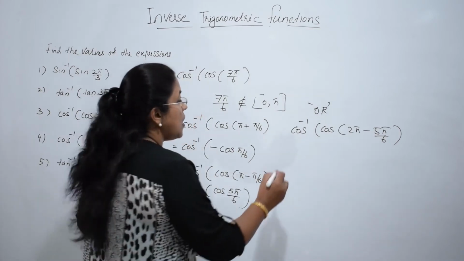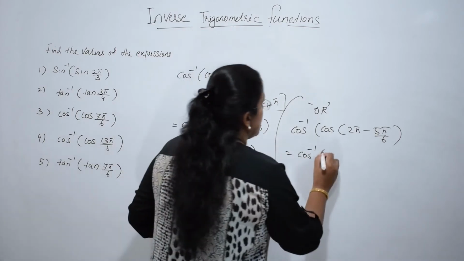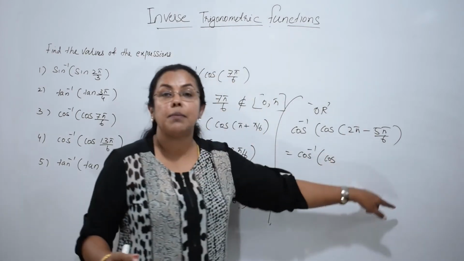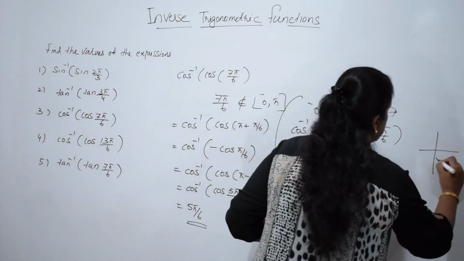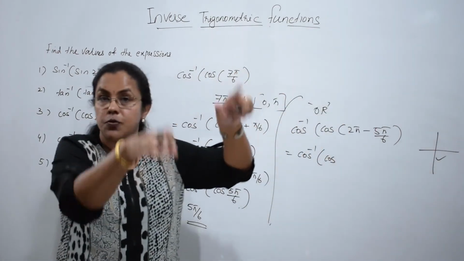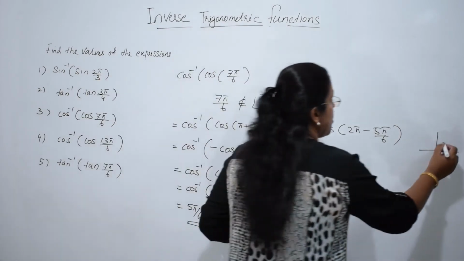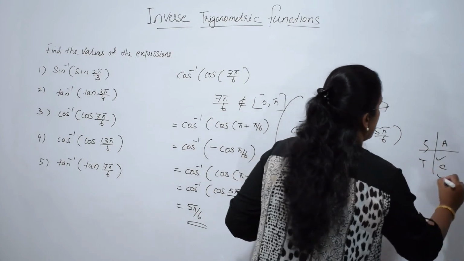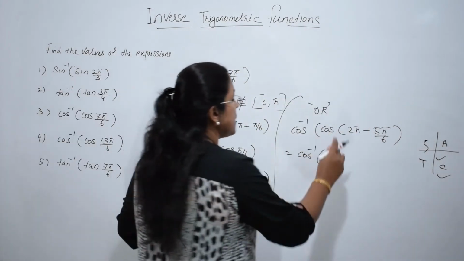Now that is equivalent to cos inverse cos, what about 2 pi minus 5 pi by 6? It lies in the fourth quadrant, isn't it? 2 pi minus 5 pi by 6 lies in which quadrant? Fourth quadrant. In fourth quadrant, all students take coffee. Cos is positive. So what can we write?